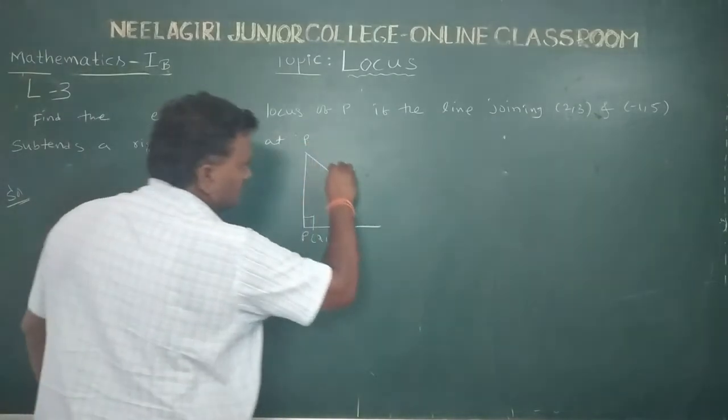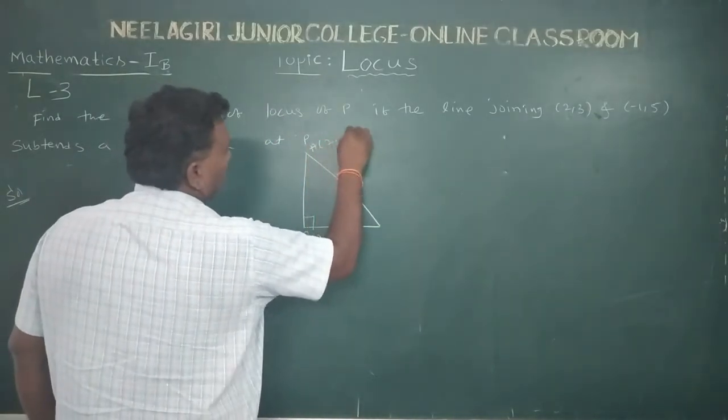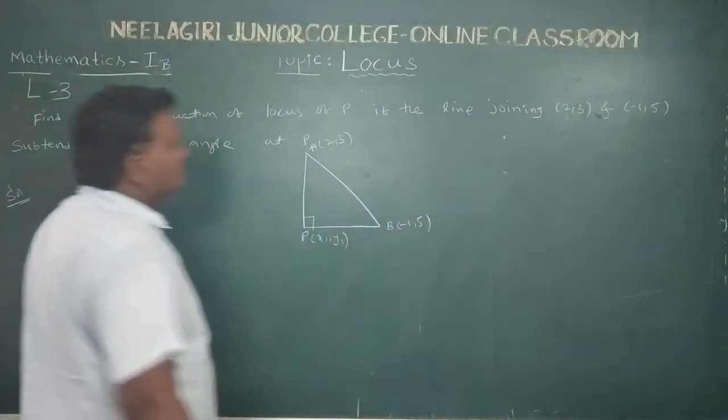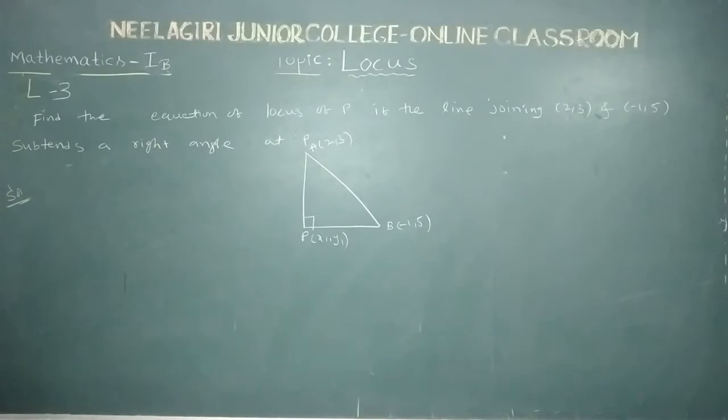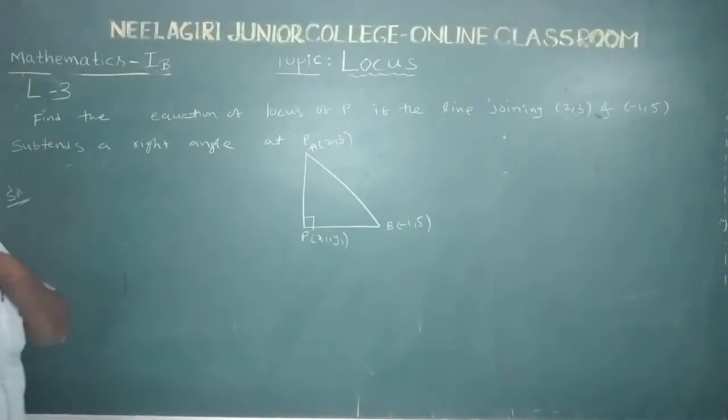The points A (2,3) and B (minus 1,5). This is the right angle triangle. What is the condition of a right angle triangle by the Pythagoras theorem? Side square plus side square is equal to hypotenuse square.